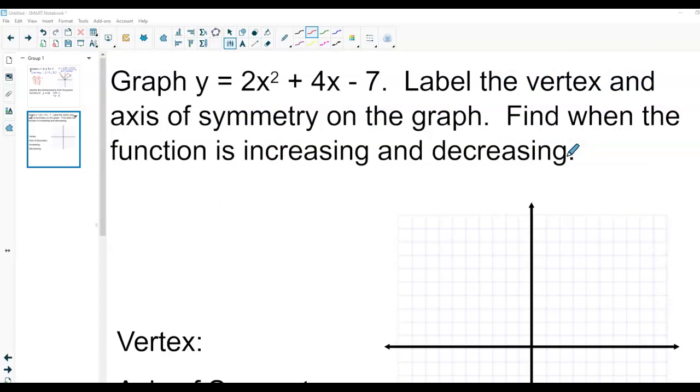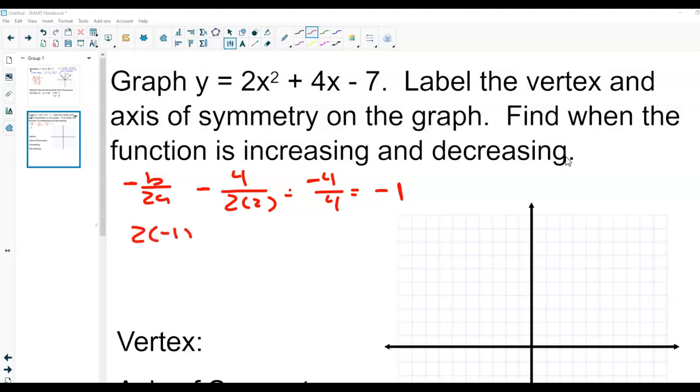All right, when we go to graph a quadratic equation like this, we're given this trinomial, and we have to use -b over 2a. So in this case, it's going to be -(-4) over 2 times 2, which is 4 over 4. So the x-coordinate of my vertex is going to be -1.